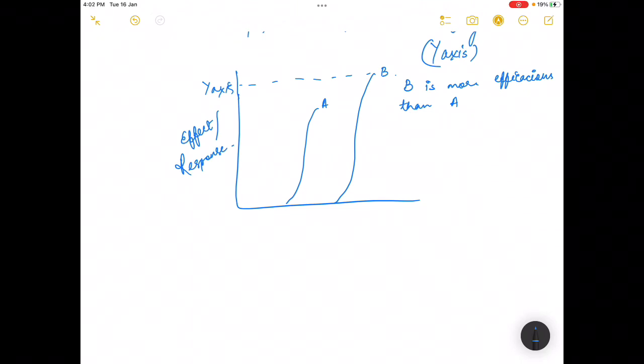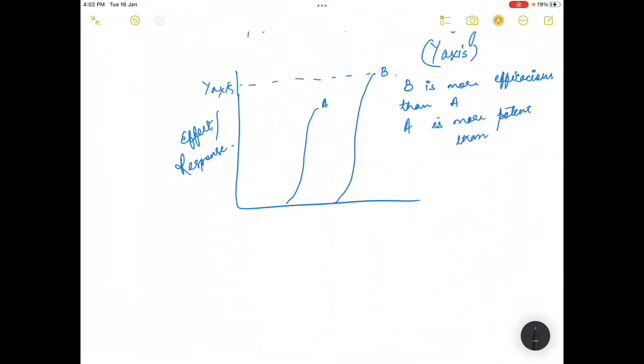So the drug which has got more effect or maximal effect of the drug, that is the efficacy. So B has got more effect than A. So from this graph we can write that A is more potent than B, but B is more efficacious than A. Now which of this is more important clinically?